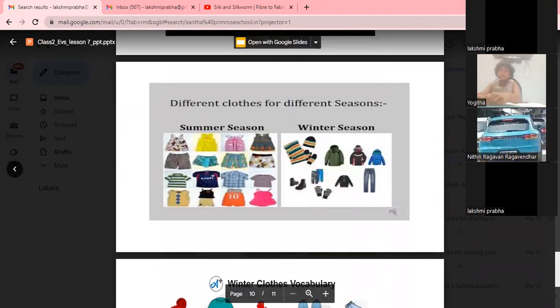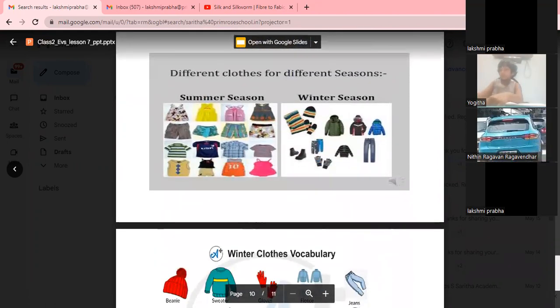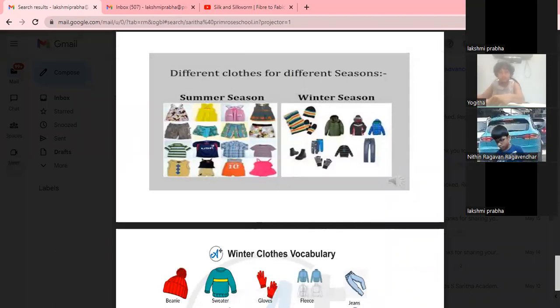So we wear different clothes for different seasons. In summer season, you can see some pictures: frocks, skirts, trousers, all these things. These are the materials we wear during summer. Mostly in summer we wear cotton clothes, isn't it?